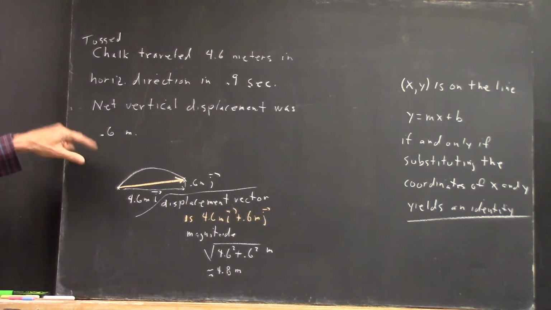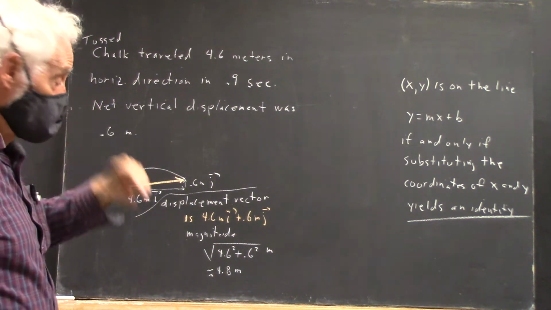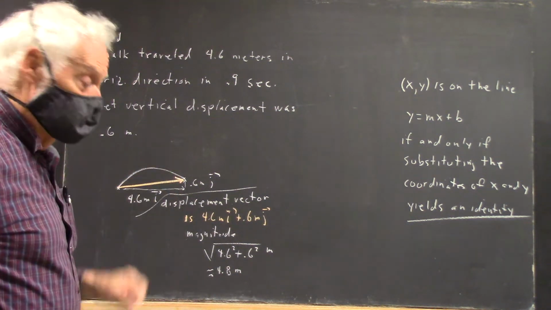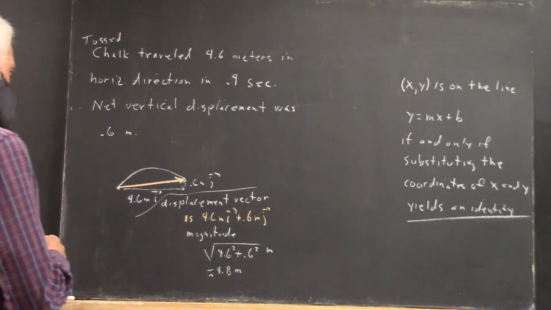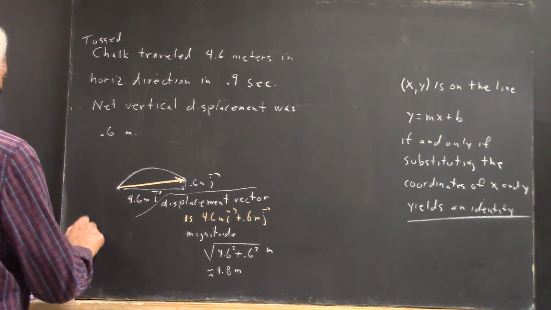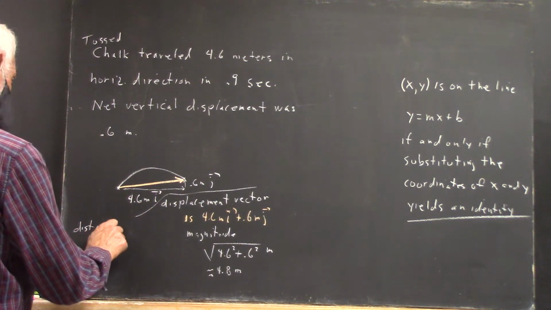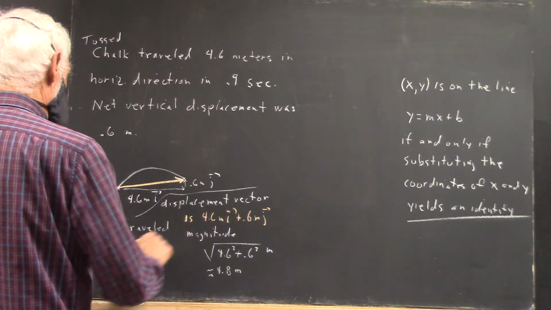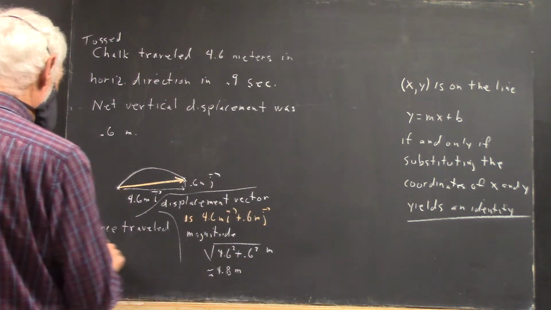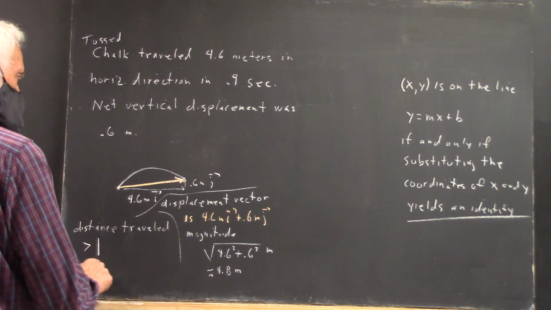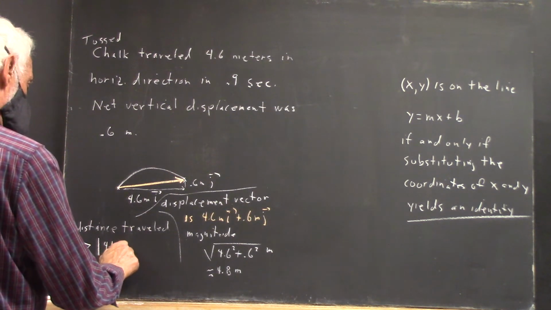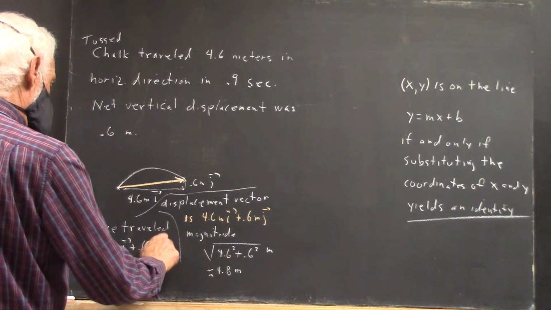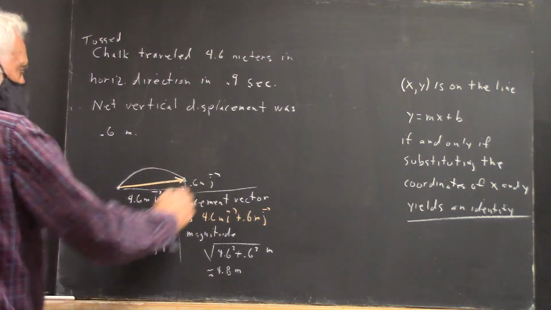Okay. Now that's not particularly important for what we're going to do, but we want to put this in context. The actual distance it traveled is greater than the magnitude because it's an arc.